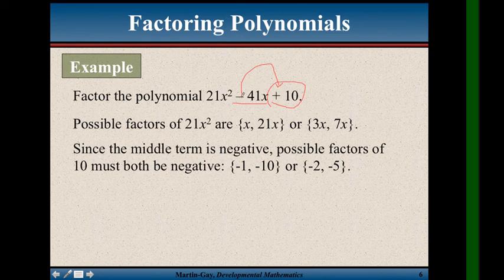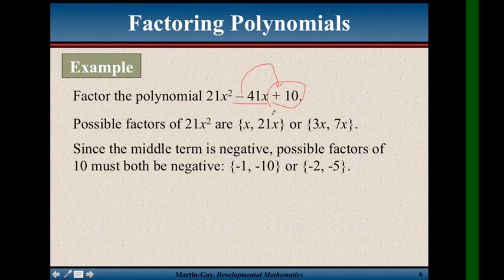So since our middle number has a negative sign, we have two negatives here. So possible factors for 10 now are negative 1 and negative 10, and negative 2 and negative 5.